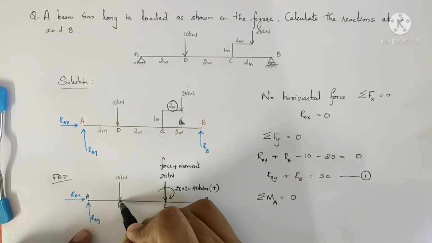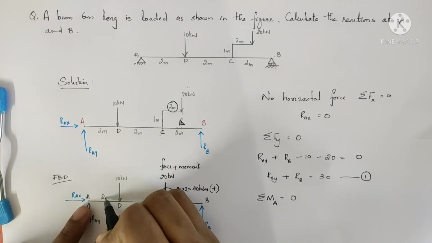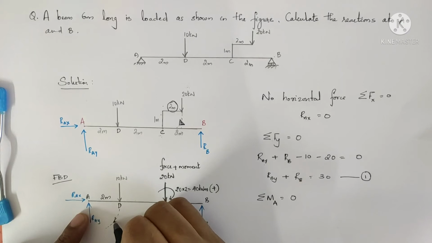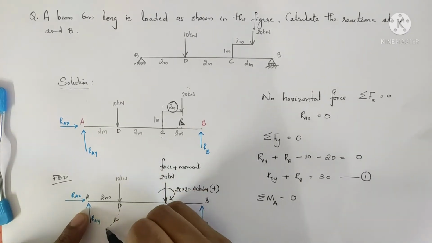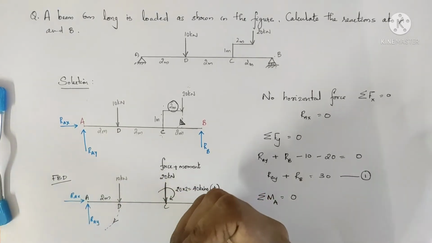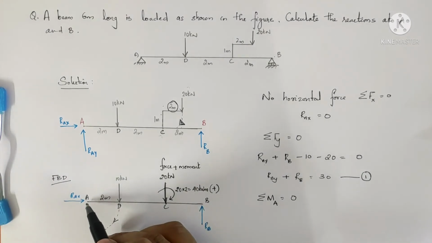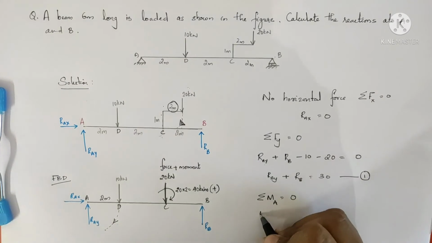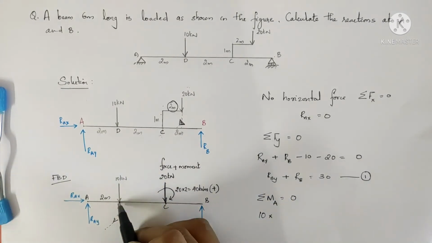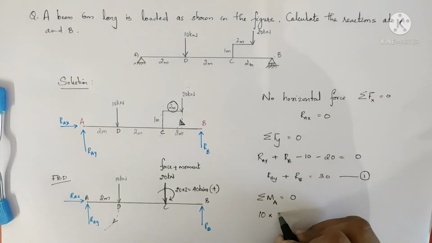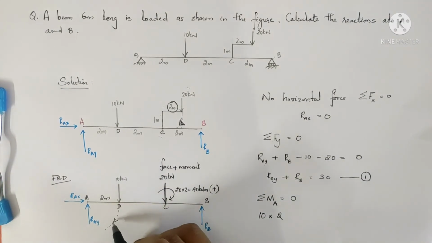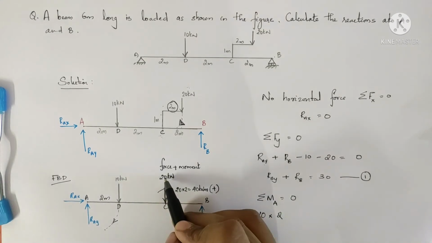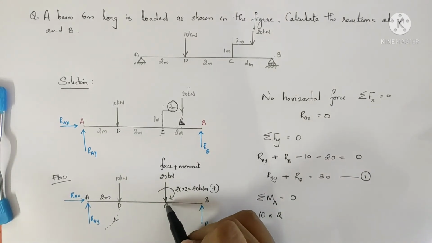Now 10 kilonewton is acting at a distance of 2 meter from A, moving in the clockwise direction with respect to A. So 10 into 2, clockwise, so that is positive. Now we have 20 kilonewton at point C.